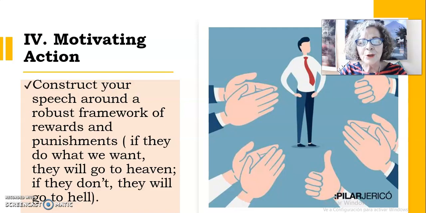If they do what we want, they will go to heaven. If they don't, they will go to hell. So, rewards and punishment together. This is showing discipline while you are motivating students and the audience.